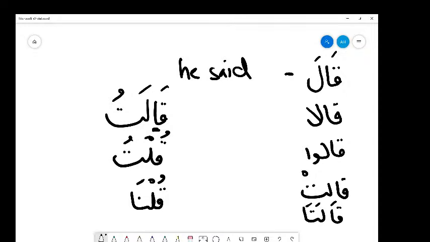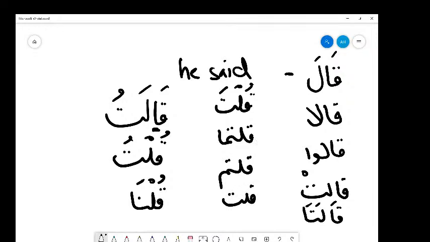And not only that, it's the same thing for all second person tense. So, qulta, you one man said. Qultuma, you two men said. Qultum, all you men said. Qulti, you one woman said. Qultuma, again, you two women said. And then qultunna, all you women said.